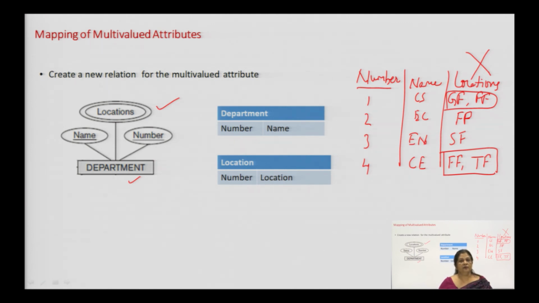Instead, for the multi-valued attributes, what we do is, for the entity type, we use all the attributes which are not multi-valued, like number as the key and name, and for the multi-valued attribute we create another relation with the key and the location.